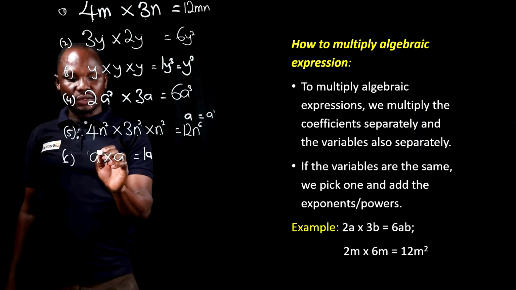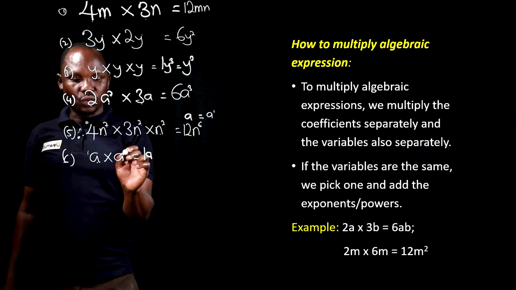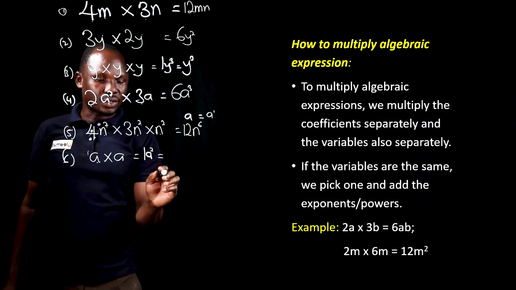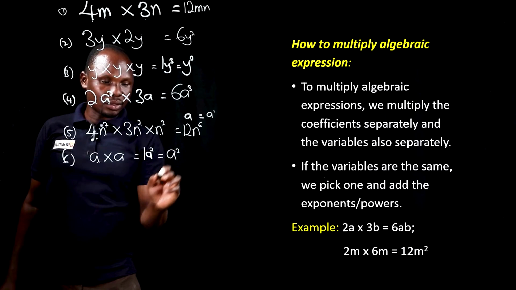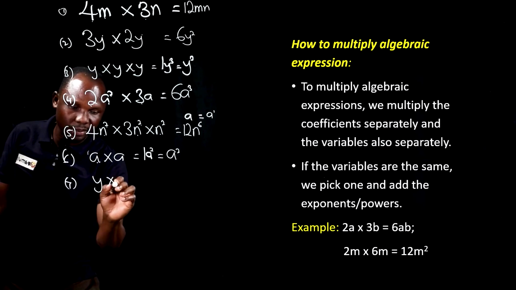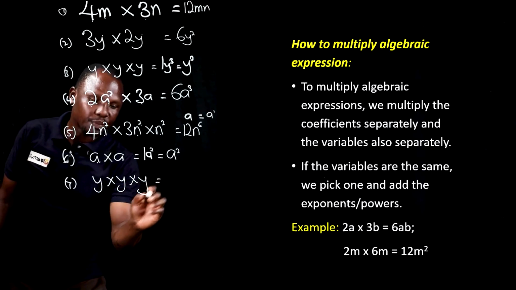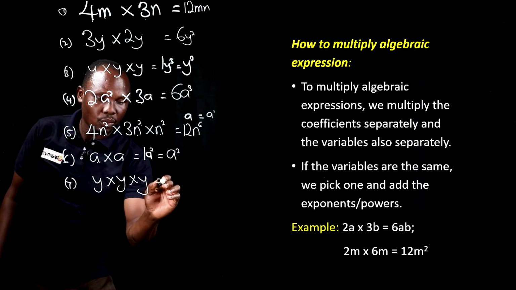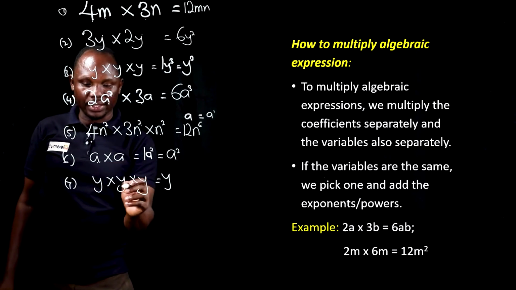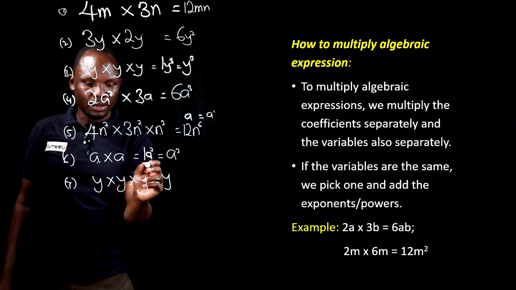The exponent here is 1, the exponent here is 1. So 1 plus 1 gives us 2. So 1a squared is the same as a squared. So in that case, y multiplied by y multiplied by y will give us y cubed, because the variables are the same. Then we add the powers. So 1 plus 1, 2 plus 1, 3.